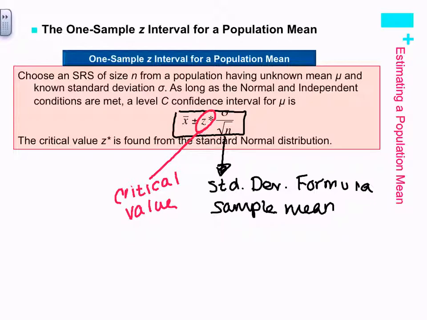And then the biggest thing comes with our standard deviation. So in order for us to find our confidence interval, we need to know what the standard deviation of our population is to find our standard deviation of our sample. Of course, we don't know anything about our populations for our confidence intervals.